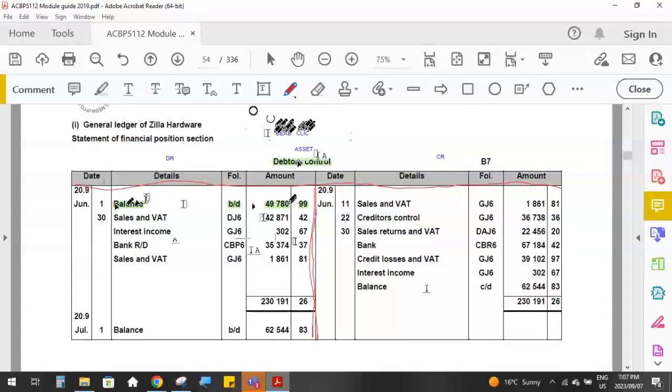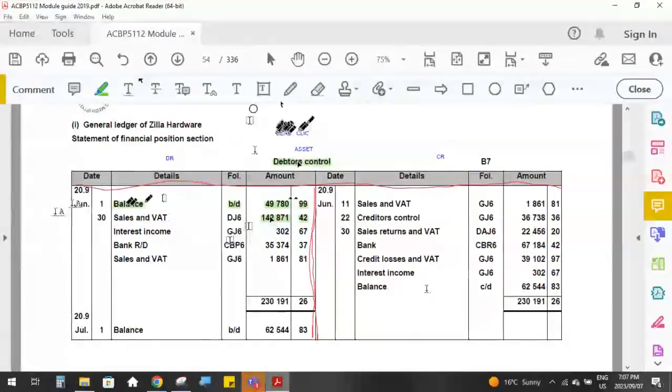So the column total for debtors control, 142,871, is also going to go on the debit side of debtors control, because when we invoice our customers, that increases the amount that they owe us, which increases debtors control.